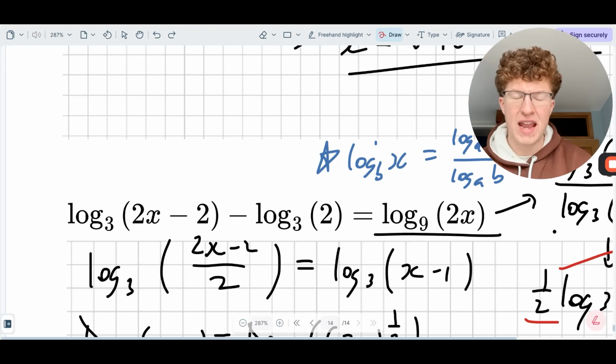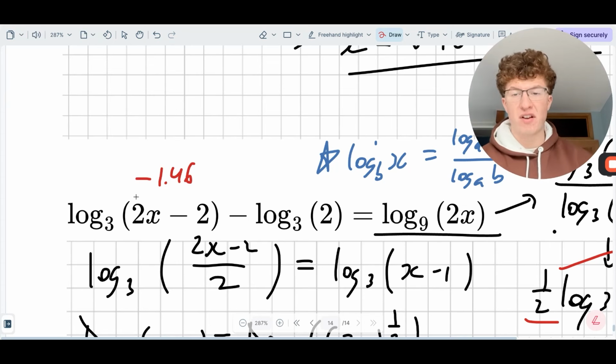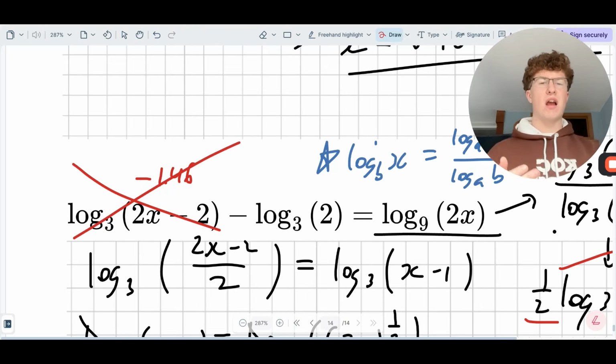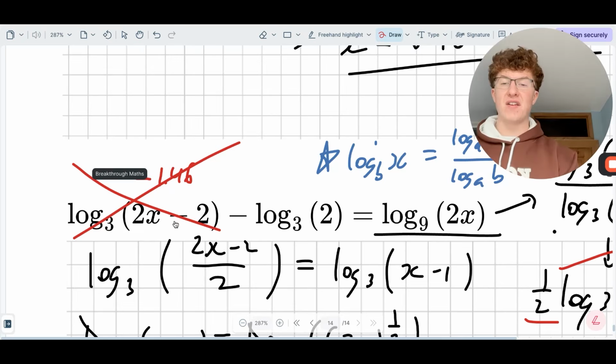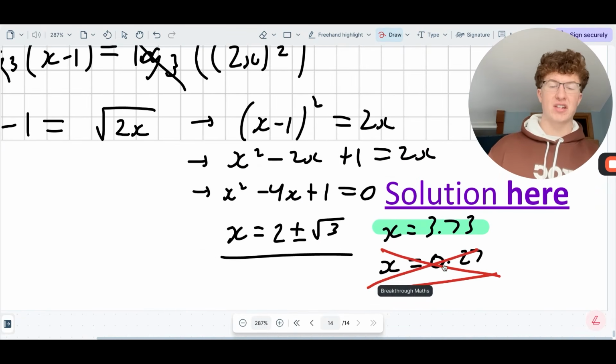That's going to give us negative 1.46 in here. And another key rule with logs, we can never get the log of a negative number. You can never put something to a power and get a negative number. It's not possible. So we can never have a negative in this log. So that's why this second result here actually doesn't work.